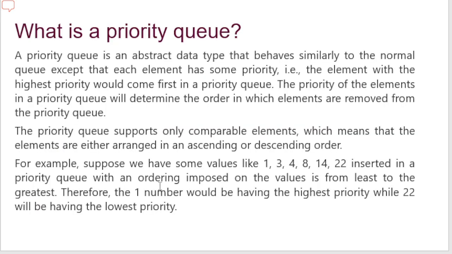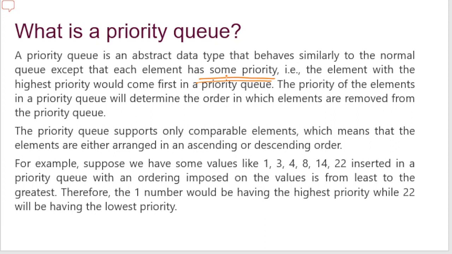Okay, so we will see what is priority queue. It is an abstract data type, behaves similarly to the normal queue, except that each element has a priority, because we are giving priority on some conditions, so it is called priority queue. Element with the highest priority would come first in priority queue.